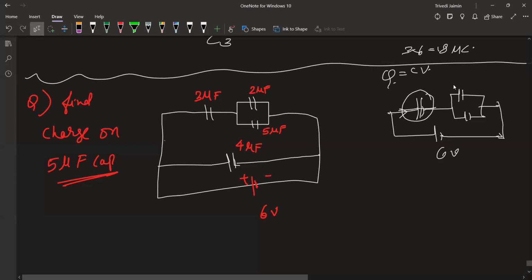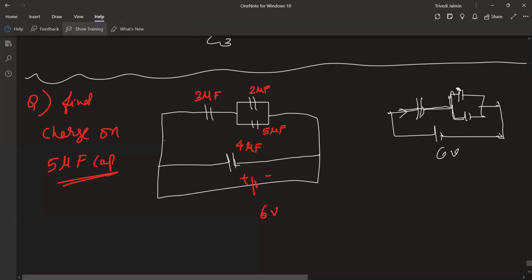18 microcoulomb is passing from here and it is dividing into 2 parts. But we cannot use 18 here because this V is common for both, total V. It is not possible here. But we can try this way.